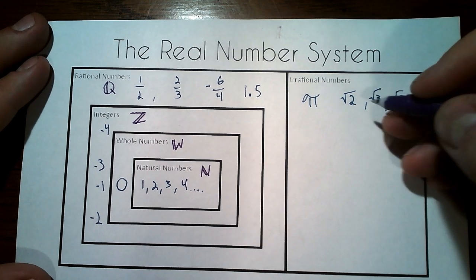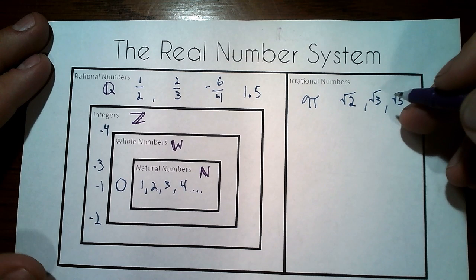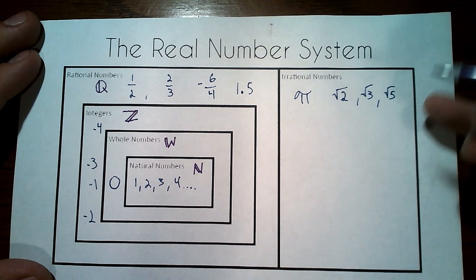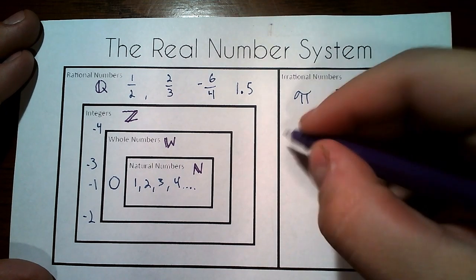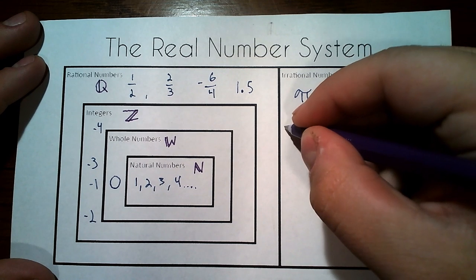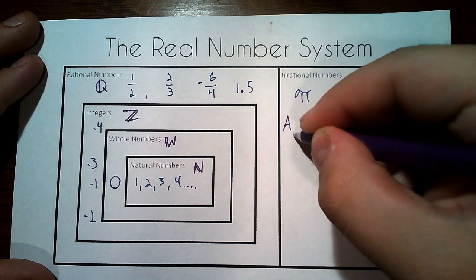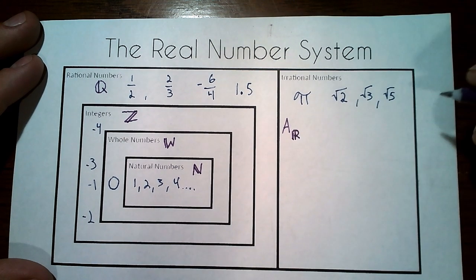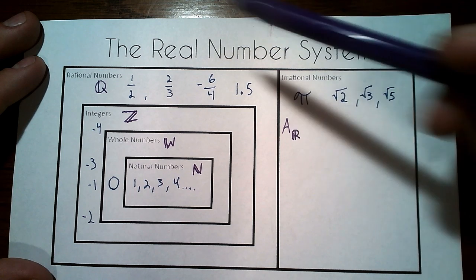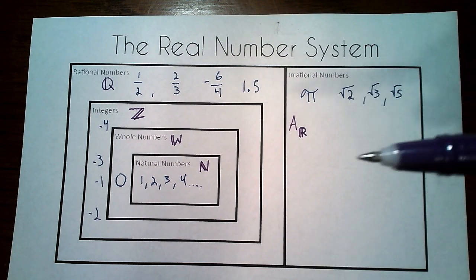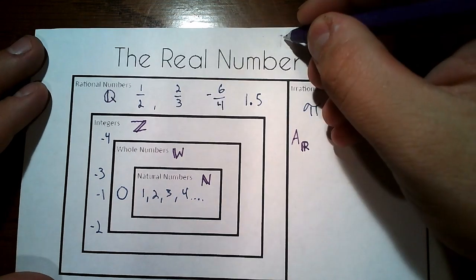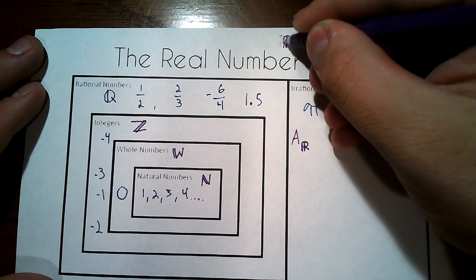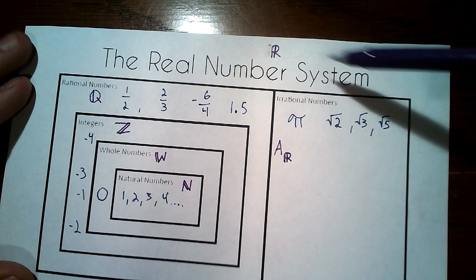Irrational numbers, there is a way that we represent irrational numbers as a system, and a different name for them is algebraic rational numbers. And so that symbol is an A with an R. The R stands for the real number system, because the whole number system we're talking about is the real number system.